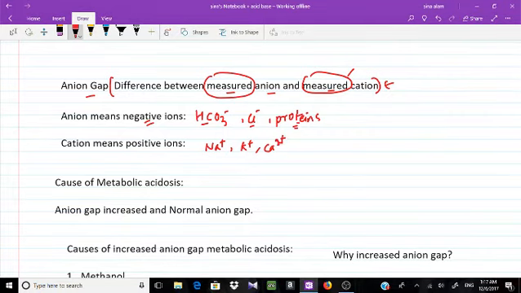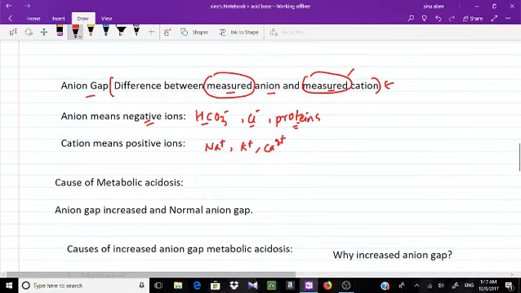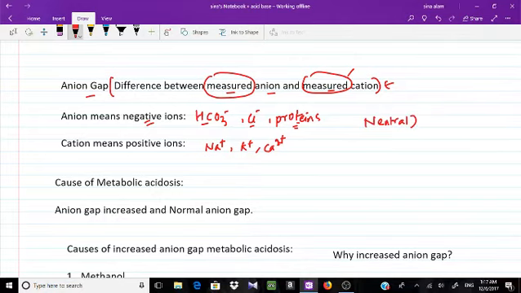Now, there is a difference between this measured anion and measured cation. But you should remember that in our body we have a neutral condition, neutrality. We don't have increased cation, or increased anion, unless we have pathology.